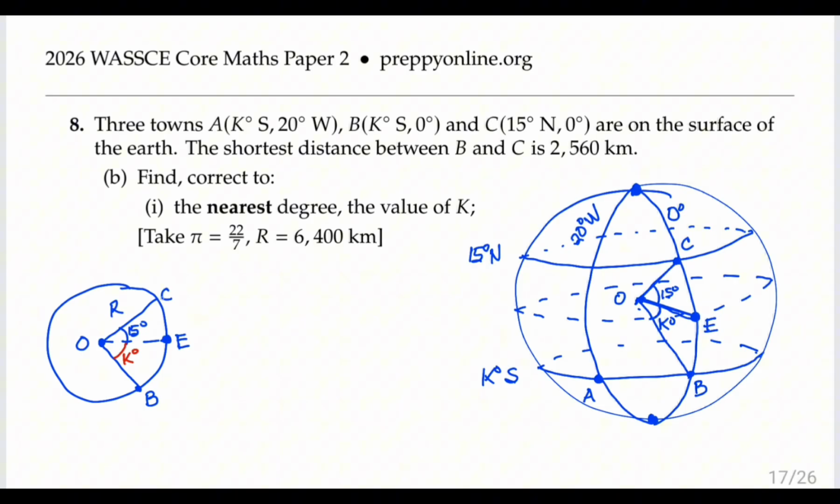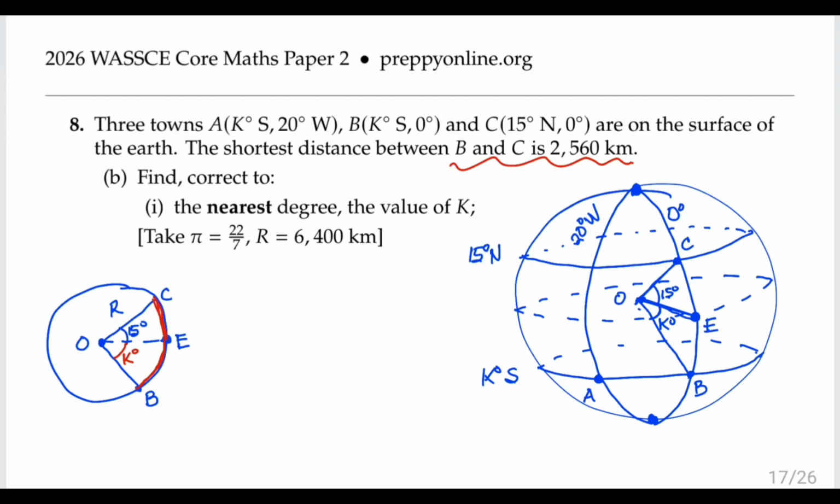Now remember that we've been given this distance. The distance from B to C, we are told that the shortest distance, that just means the distance along the curvature of the earth, is 2,560 kilometers. But from our diagram, this distance is simply the length of the arc.